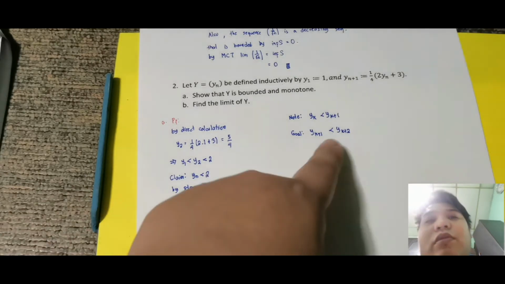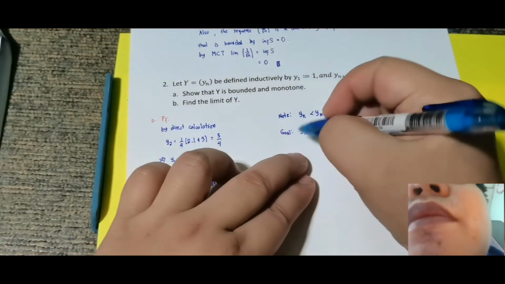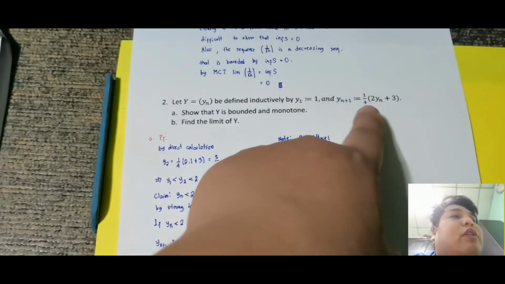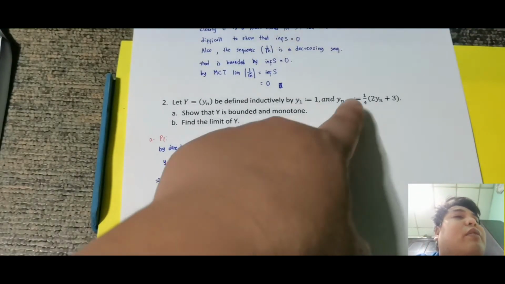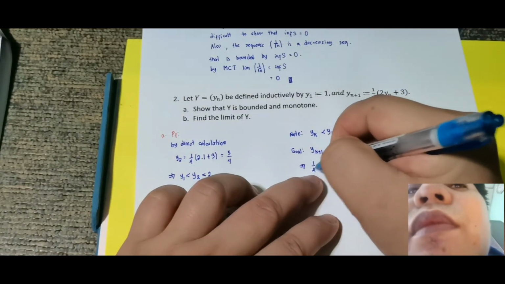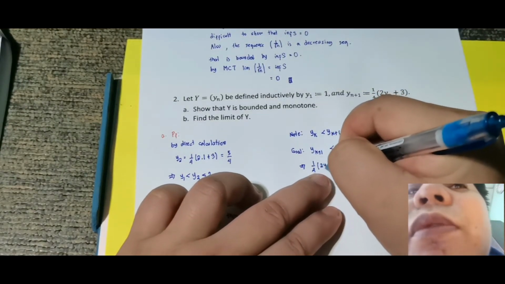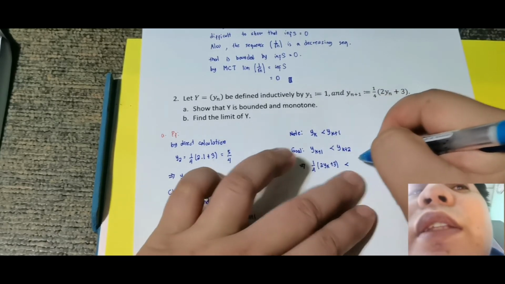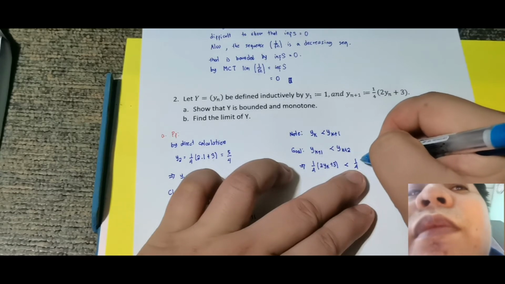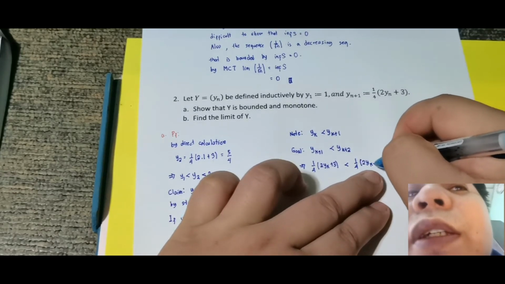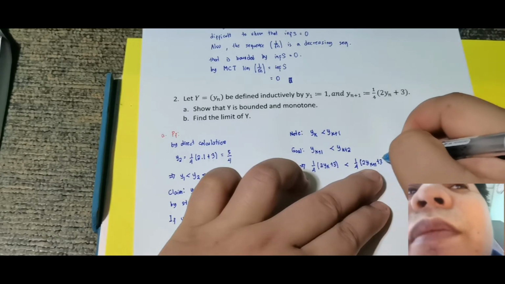Okay, so by means of this, so this implies that, gamitin natin to, yung definition na yan. So y sub k plus 1, by definition, that is 1/4 tapos 2 times y sub k plus 3. This is less than 1/4 times 2 y sub k plus 1 plus 3.